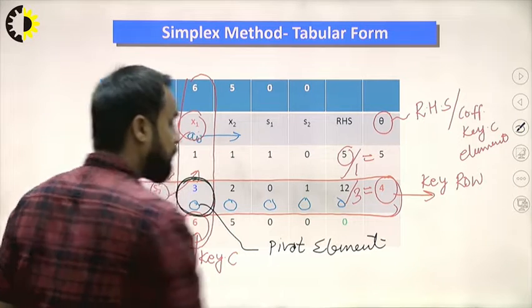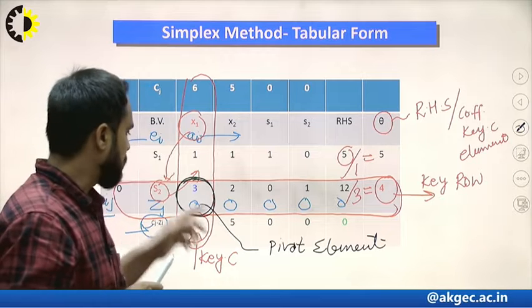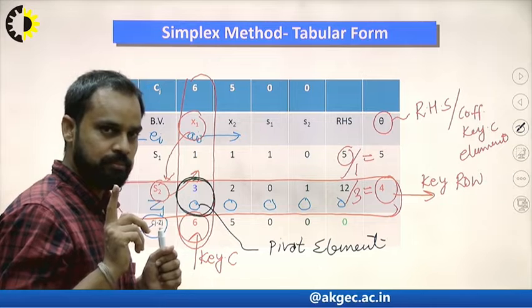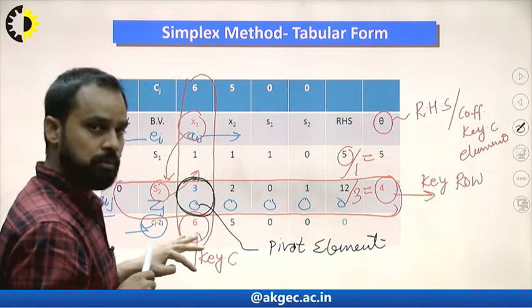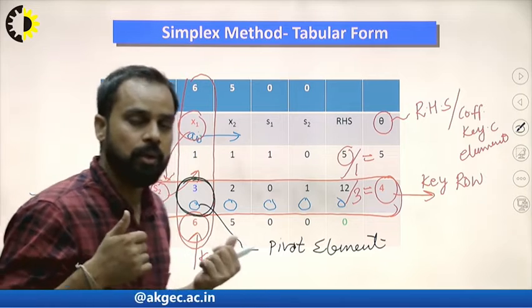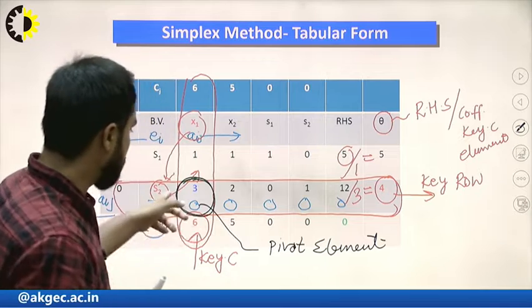The meaning of pivot element is that in the next iteration this element must be 1. We have to make this element 1, and the element above or below it must be 0 by applying the matrix operation. Why are we choosing this pivot element?